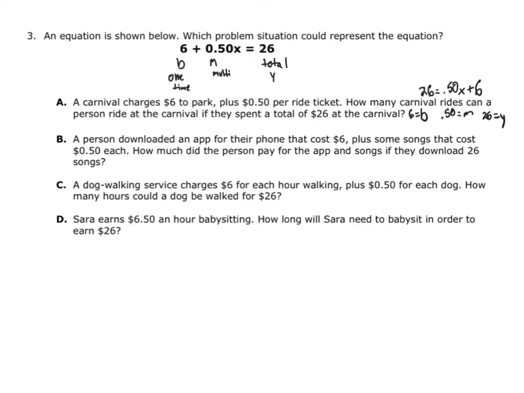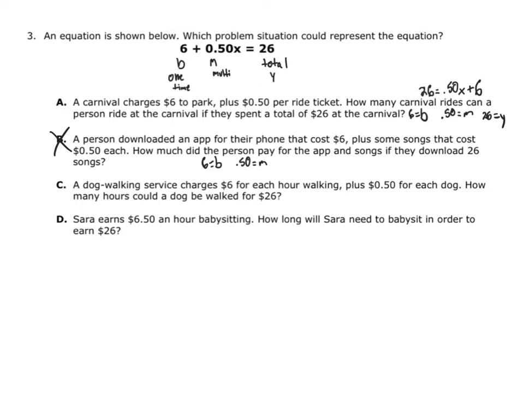So in this problem, 6 is still our B. It happens the one time. 0.50 is still our M. But when we see they downloaded a total of 26 songs, that's actually our X, because that's how much 50 cents is going to be multiplied by to figure out how much we paid. So in this problem, we don't have a total, so B is not our answer.